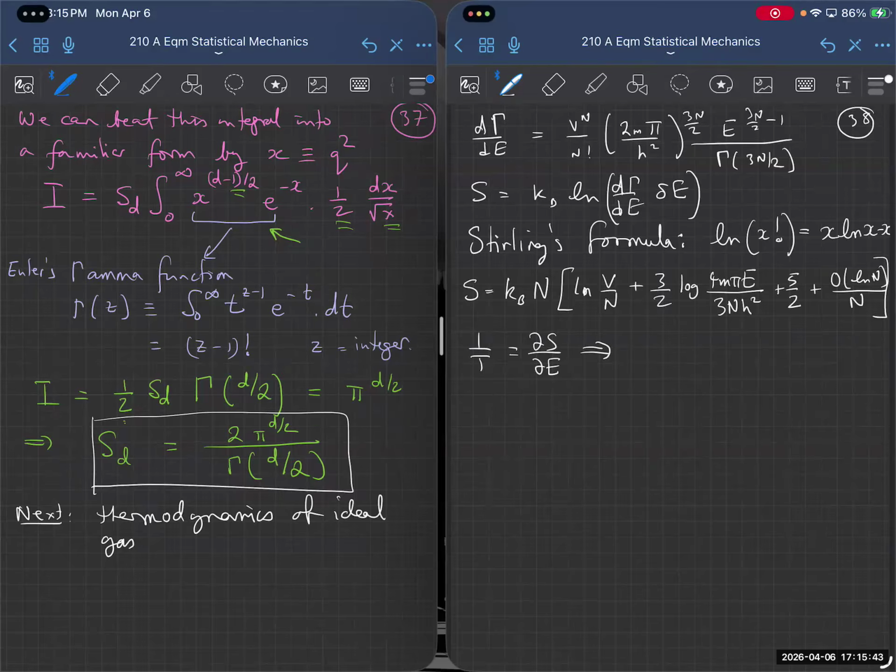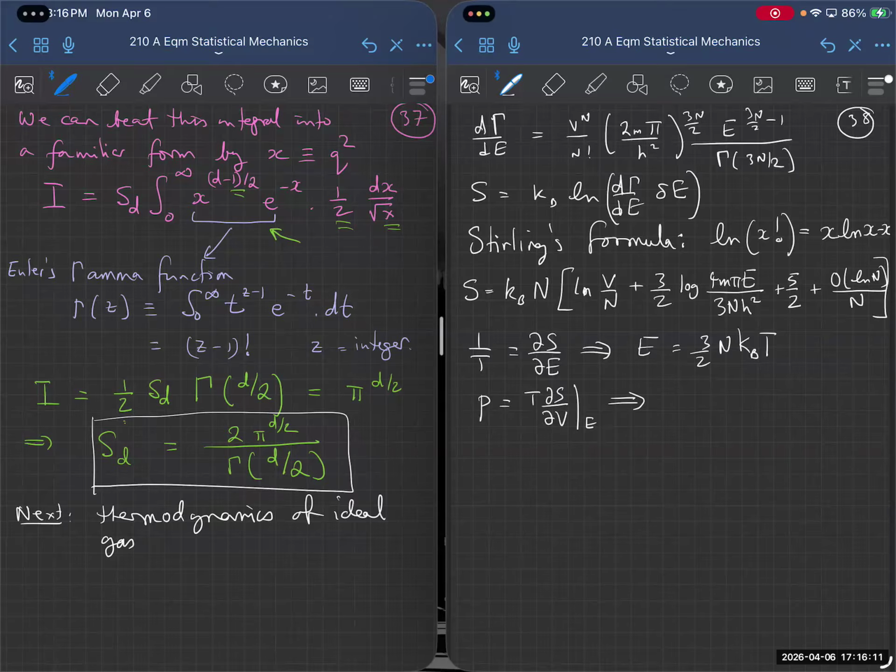So I take the derivative of that logarithm, and that tells me that E is equal to 3/2 N k_B T. Then I compute the pressure: P is T dS/dV at fixed E, so I need the derivative of the entropy with respect to the volume.